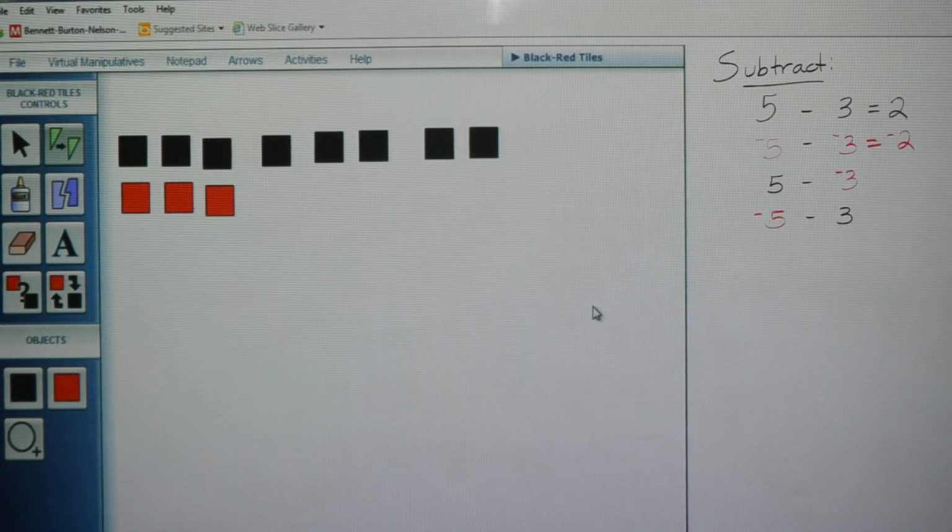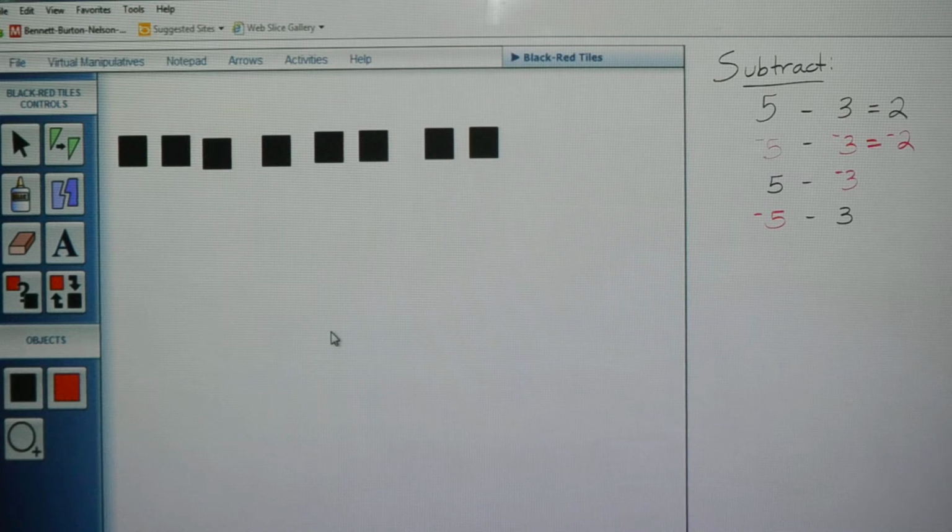My value is still 5. I haven't changed anything by doing that because these 3 sets over there are zeros. But now I can take away 3 red ones because I have 3 red ones. So let's take away 3 red ones.